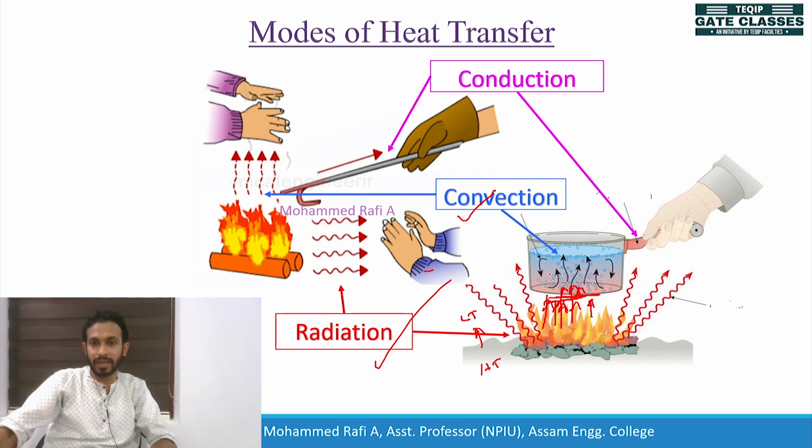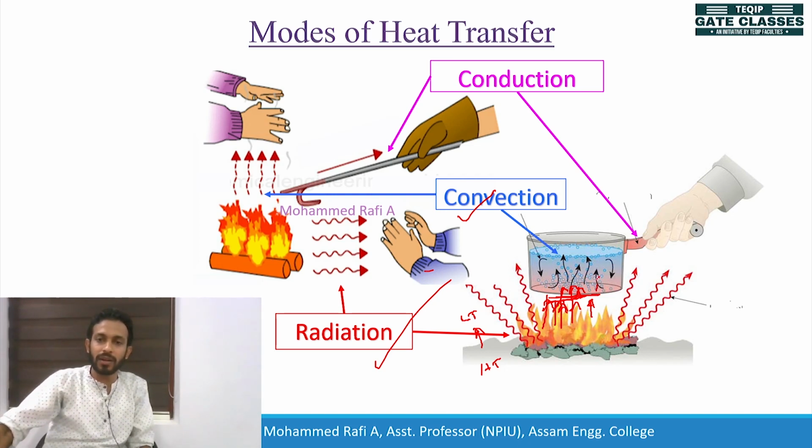So what is the mechanism in conduction? Now the heat has reached the bottom of the pan and the water is getting heated up. So whichever water molecules come in contact with the pan, what will they do? They will absorb the heat energy. If they absorb the heat energy, their density will go down, so they become light and will move up. You can see the arrows.